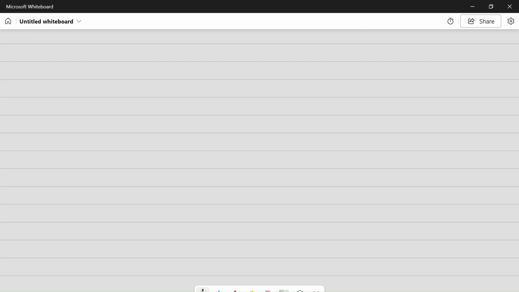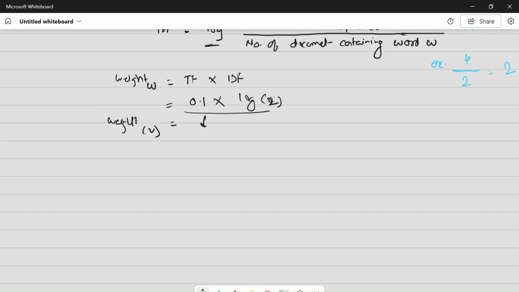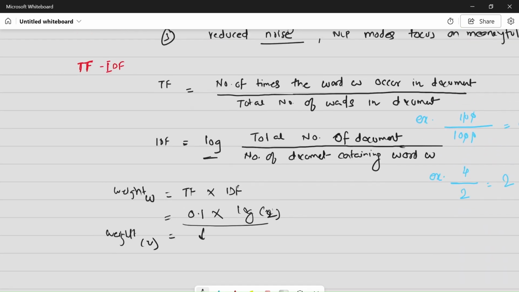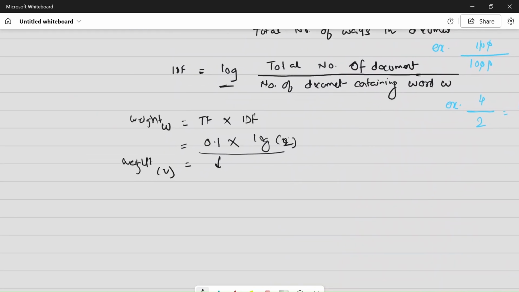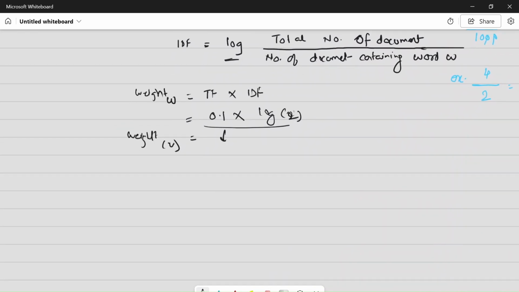Now let's go to another thing, some of the limitations. The same way we listed some of the limitations of count vectorizer, let's see what are the limitations of the TF-IDF vectorizer.